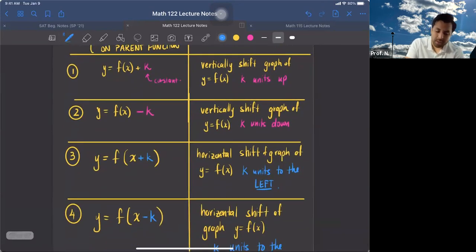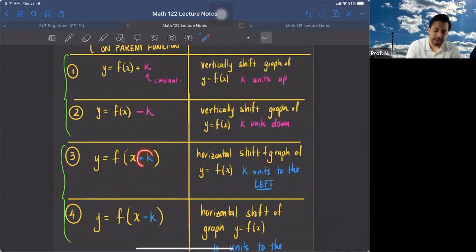So you can also think of these as one single group. So these are the vertical shift commands. The 3 and 4 are the horizontal shift commands. The key here is that the plus and the minus occurs to the x value inside the parentheses, whereas the other plus and minus are affecting the function on the outside.